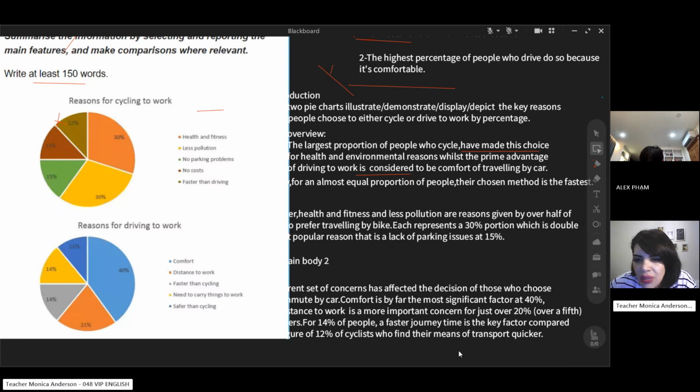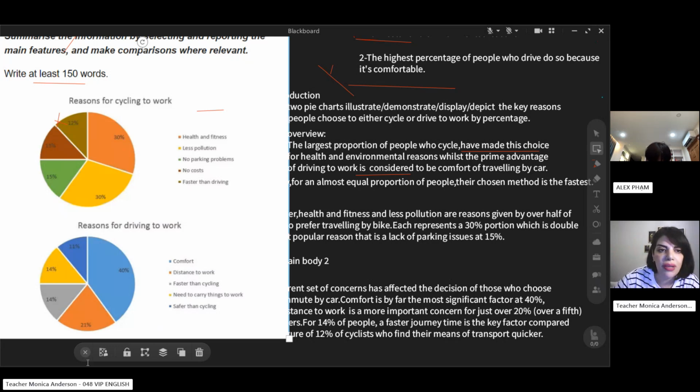And we have 1970, 75, 80, 85. So it's your choice: illustrate, or for example the graph represents the use of three categories of fast food.